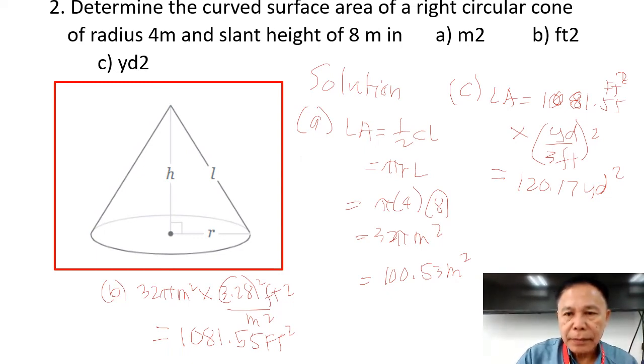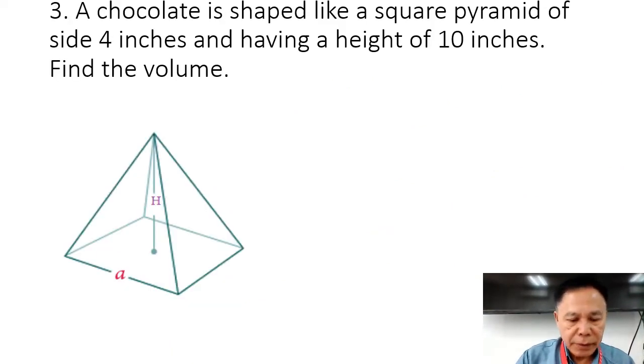For the next part, here is a chocolate shaped like a square pyramid of side 4 inches. So the pyramid side is 4 inches, square. The height here is equivalent to 10 inches. Find the volume.